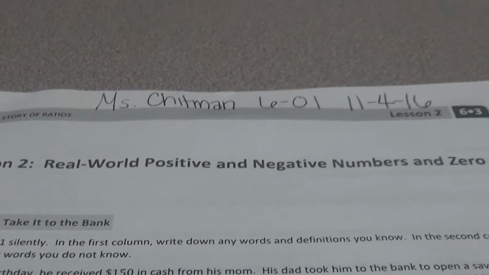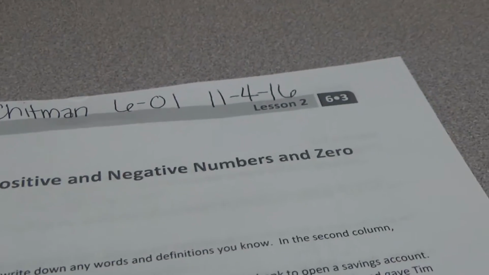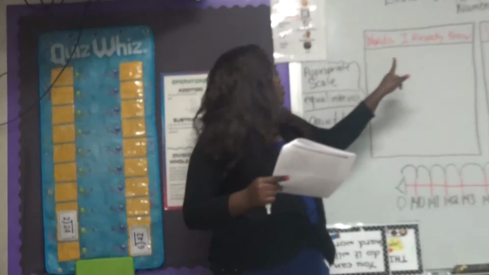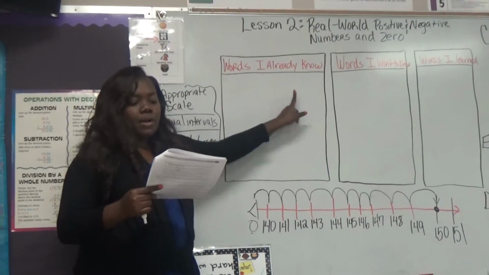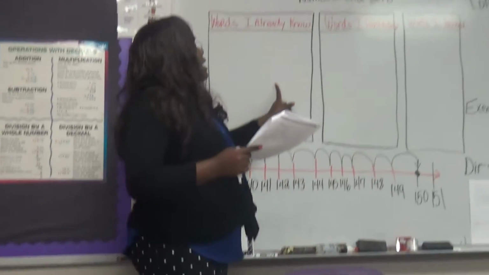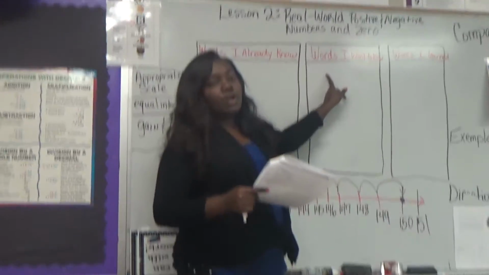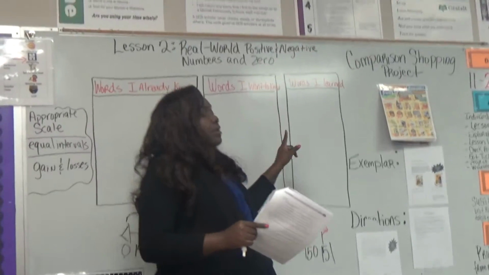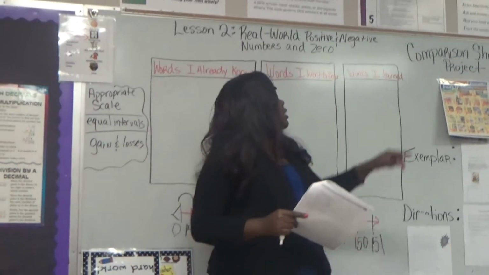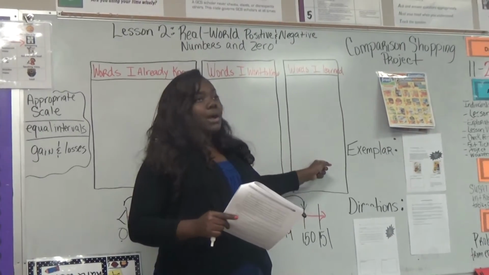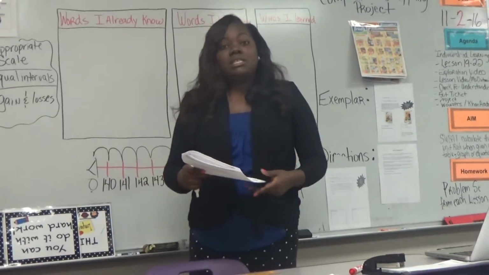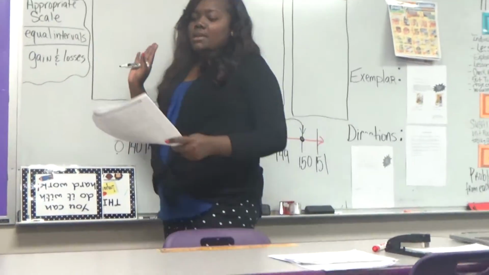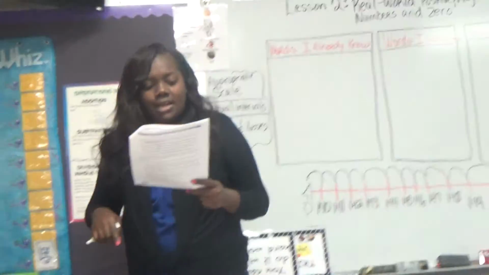So first, as you're reading, I want you to jot down the words in the boxes, the words that you already know from the example that she's reading, and then I want you to jot down the words that you want to know about, and then after we're finished going over this, I want you to jot down in this third box the words that you learned. So this is similar to our KWL chart that you may have heard about in English. So go ahead and read.